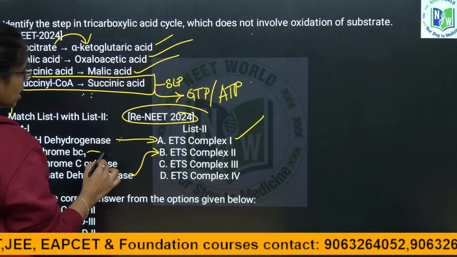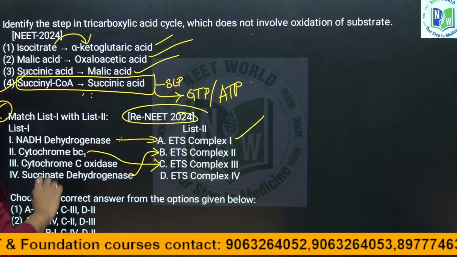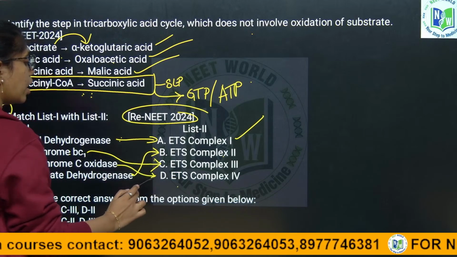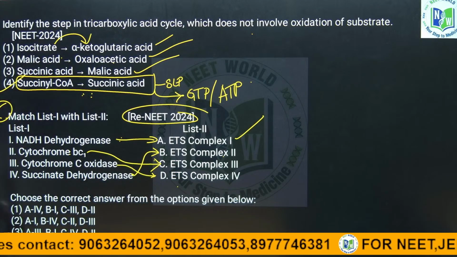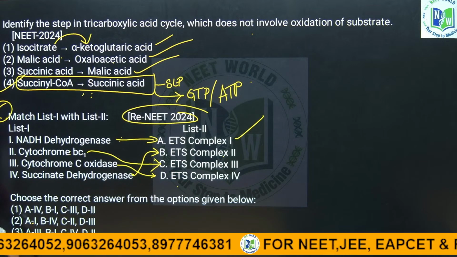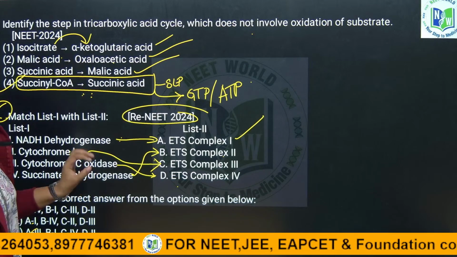Complex 3 is the cytochrome BC complex. Complex 4 is cytochrome C oxidase. So here A is 1, B is 2, C is 4 and D is 3. Option 4 is the correct answer.